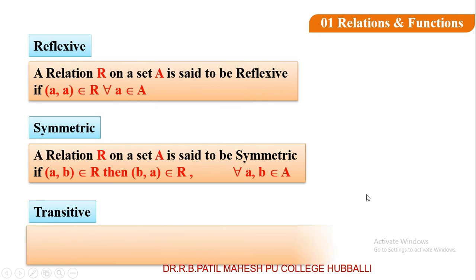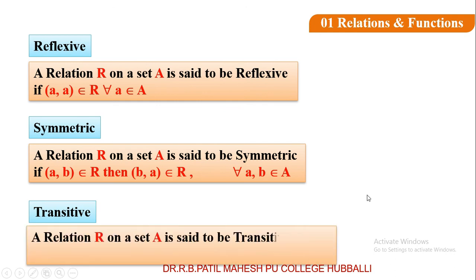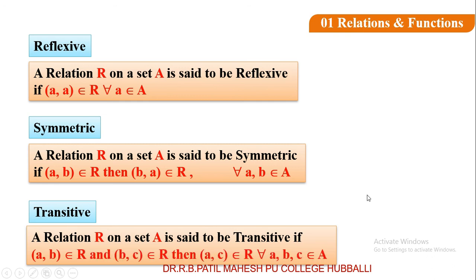Let me take the next type, the very important type of relation, transitive relation. Its definition: a relation R on a set A is said to be transitive if, look at the definition, if (a, b) belongs to R and (b, c) belongs to R. Two ordered pairs.